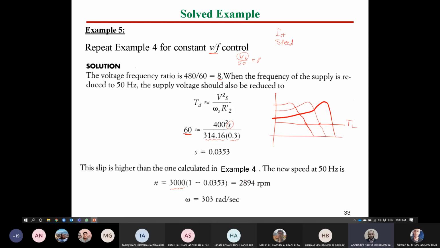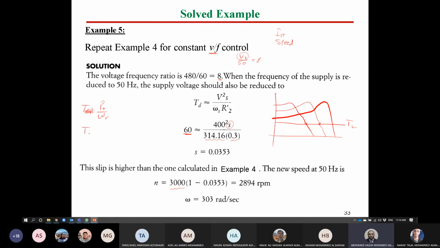Any question? Yes, Doctor, the torque developed equals the output power over the synchronous speed, right? Torque developed equals output power over motor speed, not synchronous speed. Oh, okay. Sorry, not torque developed, torque output, shaft torque. Yes.